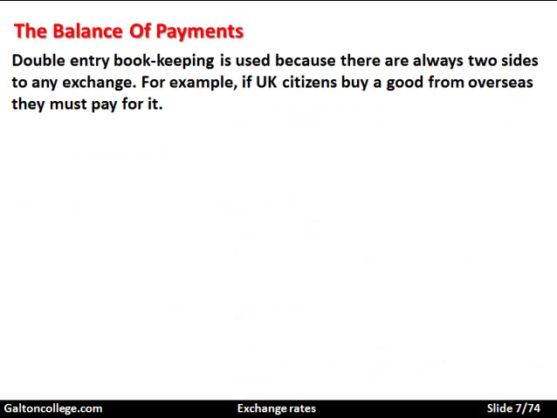Double entry bookkeeping is used because there are always two sides to every exchange. For example, if a UK citizen buys a good from overseas, they must pay for it, like I just said. So there's two sides to every transaction. One side, I received the car. On the other side, I had to pay for the car.